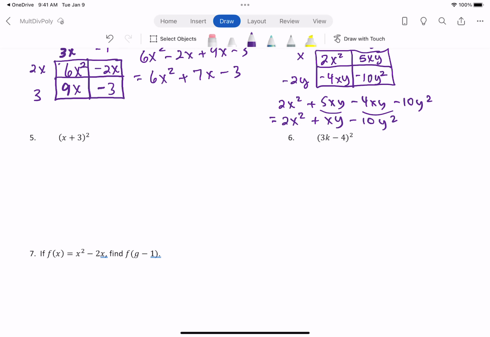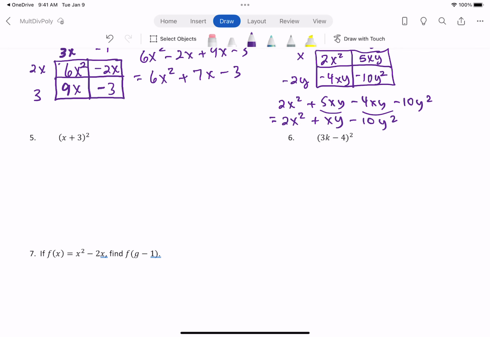For problem 5, the difference here is I don't have two binomials being multiplied, but I really do. It's just in a different form. You remember, something raised to the second power basically means to multiply something times itself.